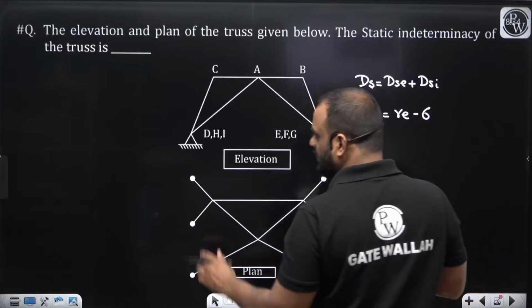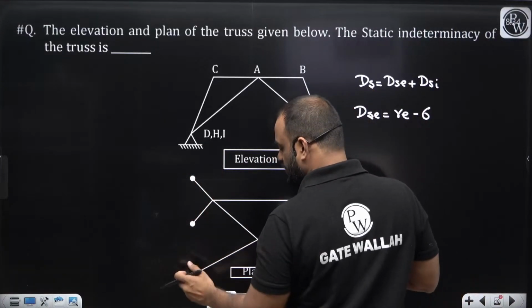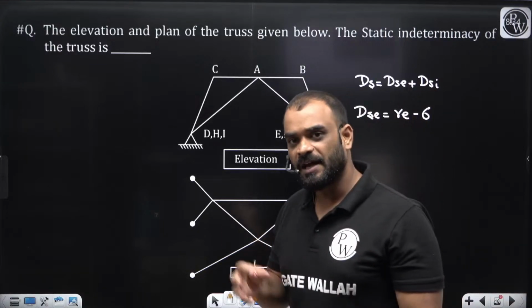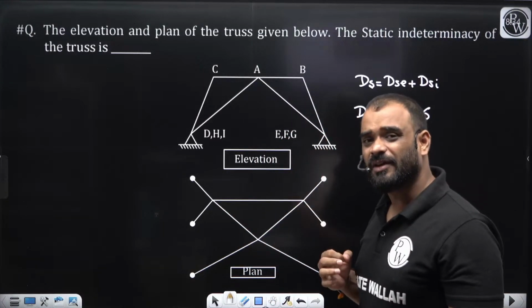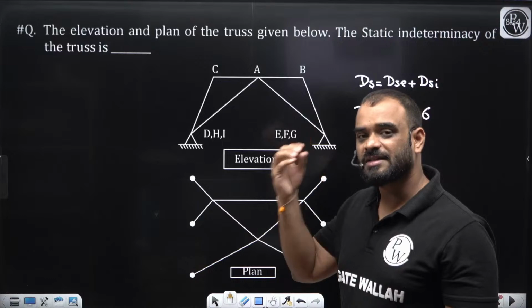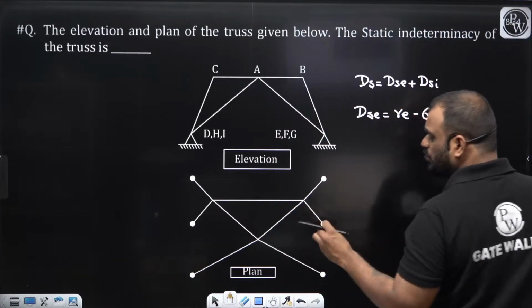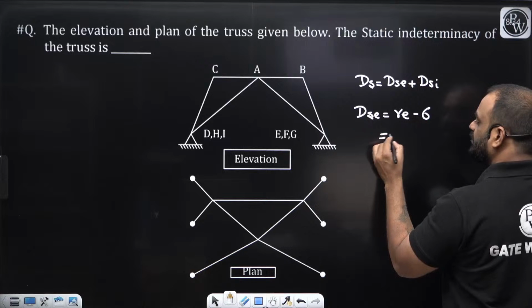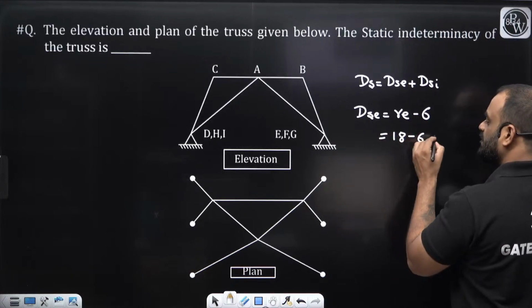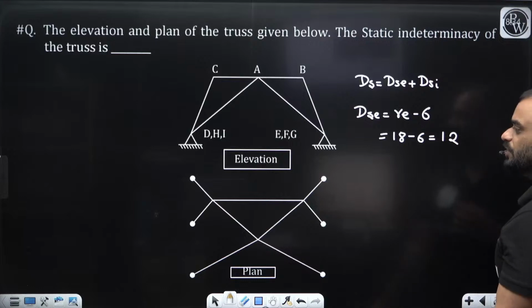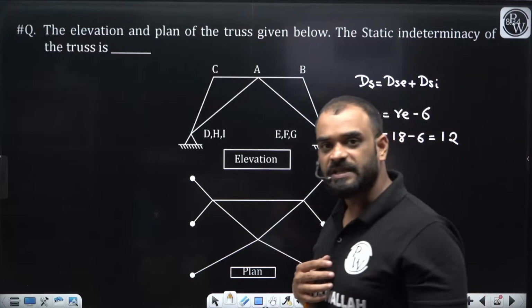You can see here 1, 2, 3, 4, 5, 6. Total 6 supports are there, and each support has 3 external support reactions. So 3 into 6, it is equal to 18, minus 6. So how much is it? It is basically 12. DSE is equal to 12.